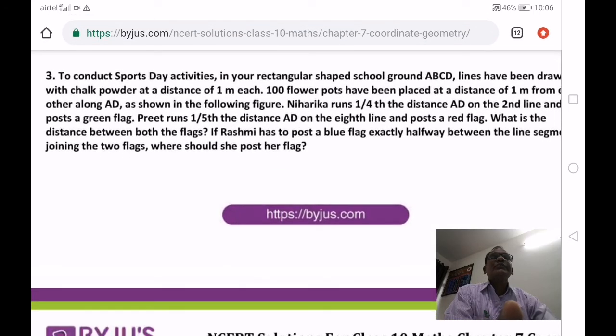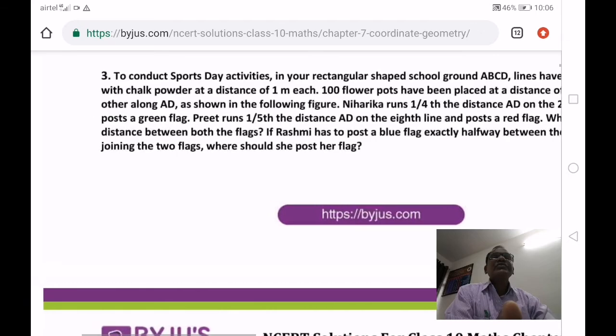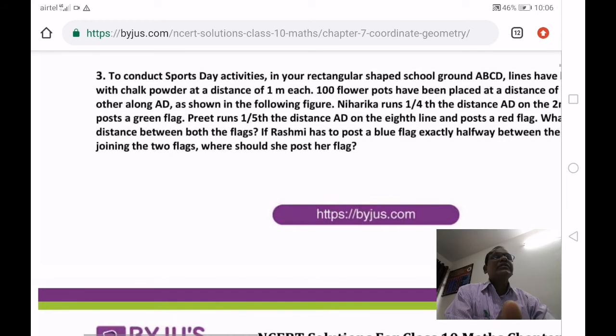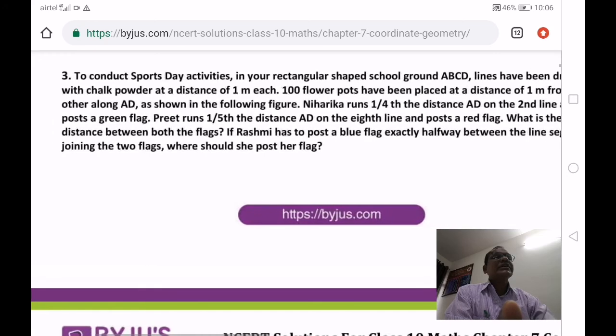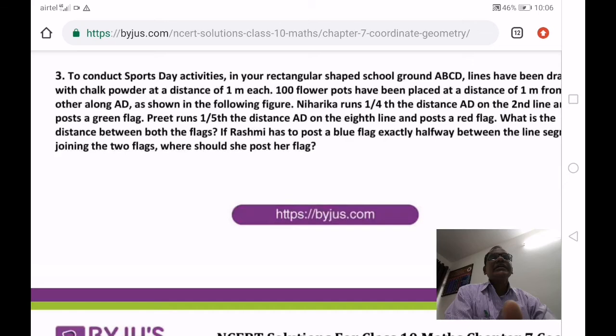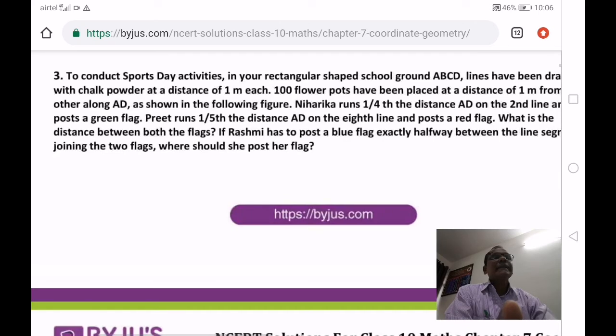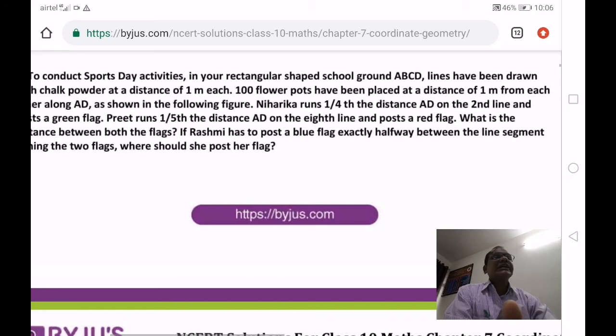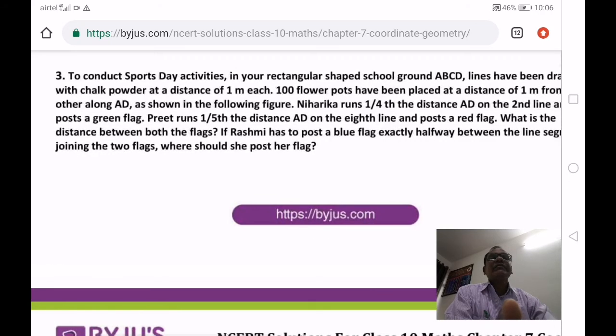A third problem. To conduct sports day activities in a rectangular shaped school ground ABCD, lines have been drawn with chalk powder at a distance of 1 meter each. 100 flower pots have been placed at a distance of 1 meter from each other along AD. As shown in the figure, Niharika runs 1/4 of the distance AD on the second line and posts a green flag.